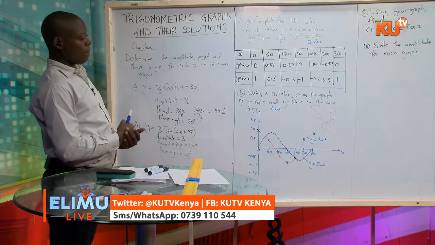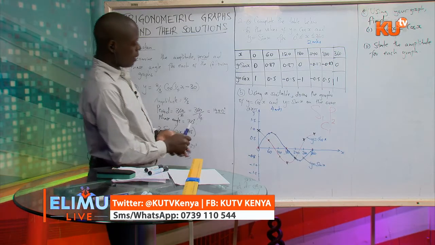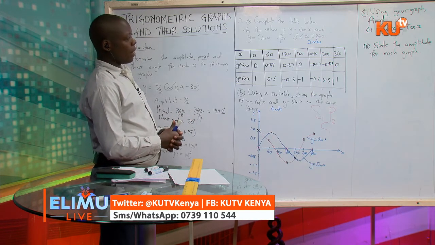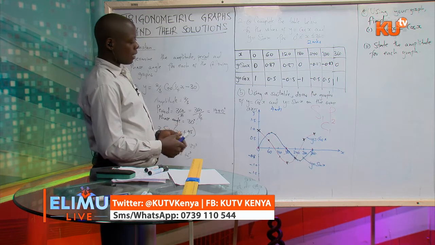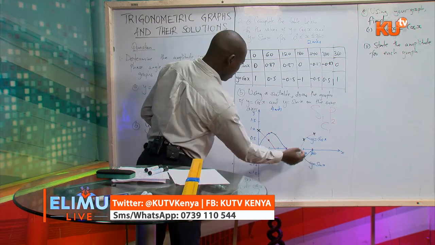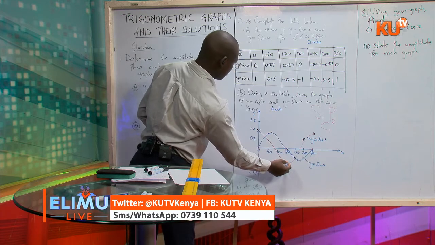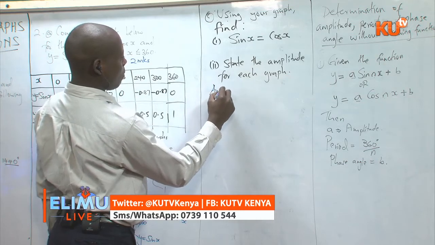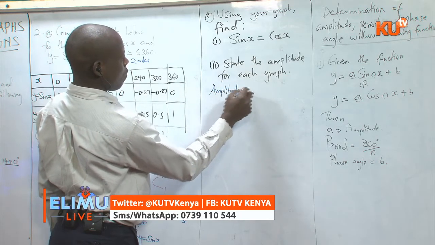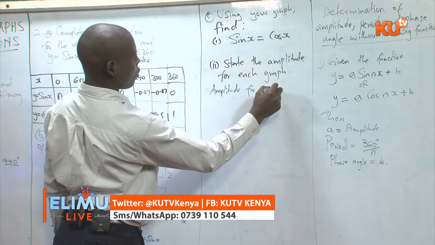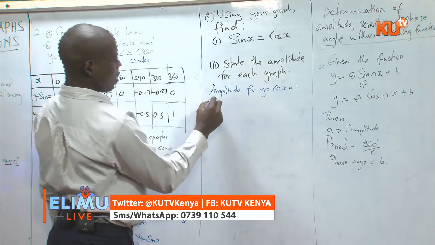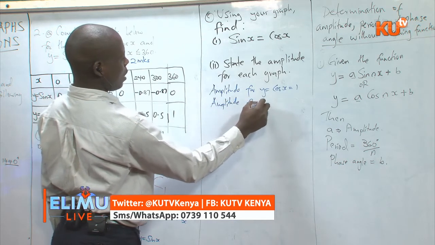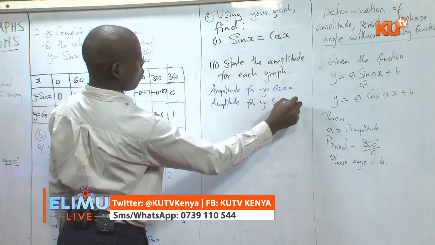We have said the amplitude is the maximum point above or below the x-axis. So you need to identify the maximum point for y is equals to cos x, and the maximum point for y is equals to cos x is 1. So the amplitude for y is equals to cos x is equals to 1. And again, the amplitude for y is equals to sine x will be equal to 1.